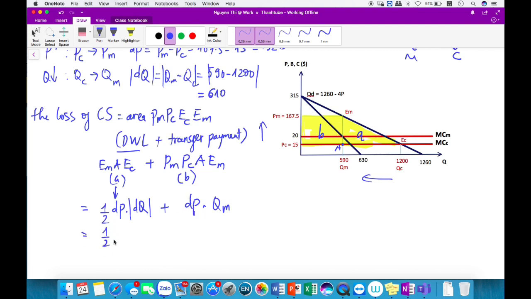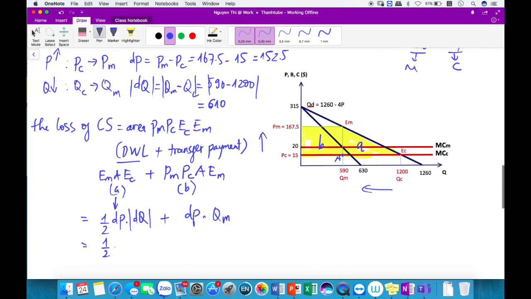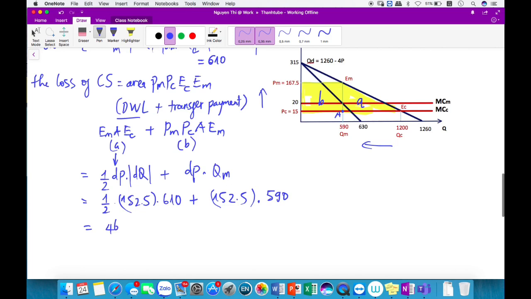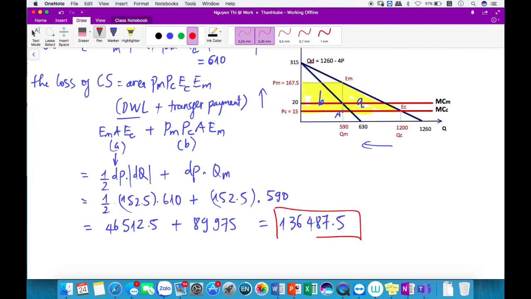You have 1/2 times delta P here, which is 152.5, times delta Q here, 610, plus delta P, 152.5, times QM, 590. This equals 46,512.5 plus 89,975, which equals 136,487.5. This is the loss of consumer surplus.